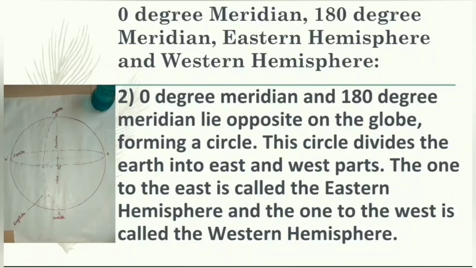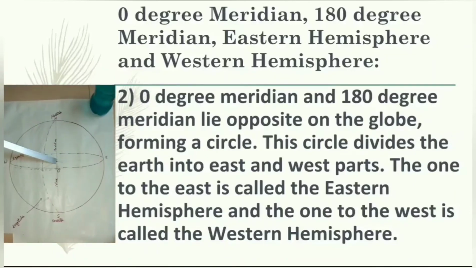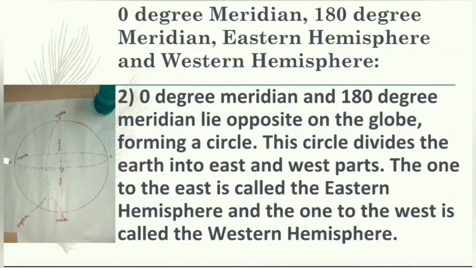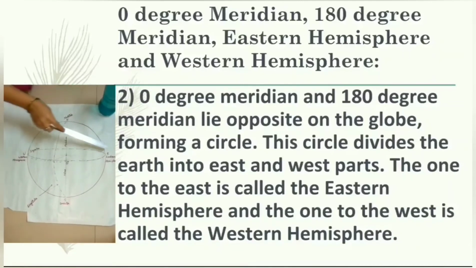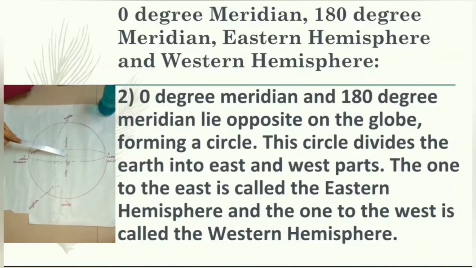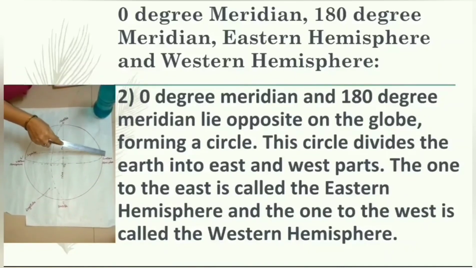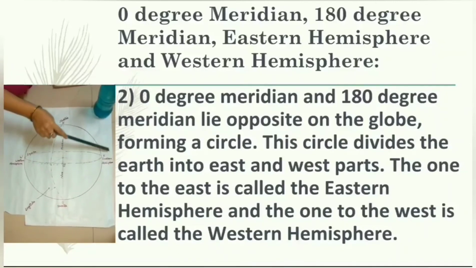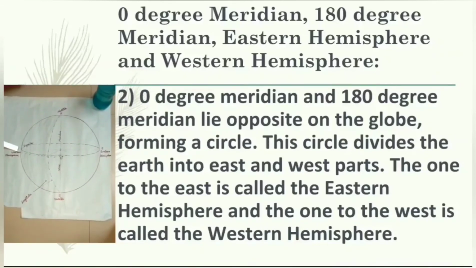This circle divides the earth into east and west parts. This is E, means east, and this is W, means west. From the prime meridian towards the east is called the eastern hemisphere, and towards the west it is called the western hemisphere.